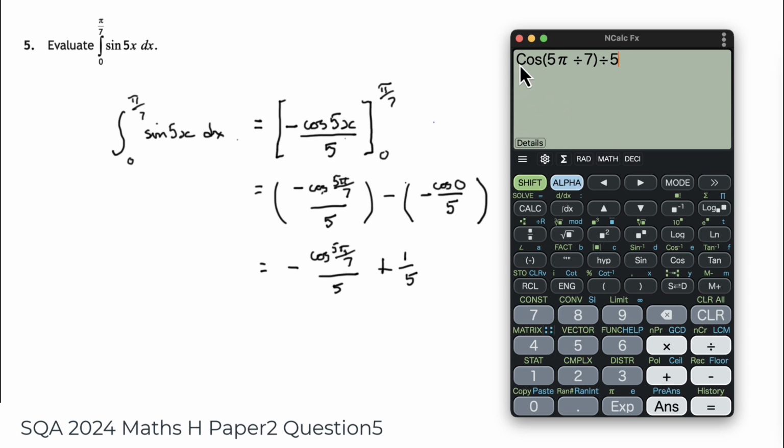Now the whole thing's negative. At the front of this I should have put a negative sign. That's the negative key, not the minus key. Negative goes at front there. So this is evaluated as that. And I now want that answer.